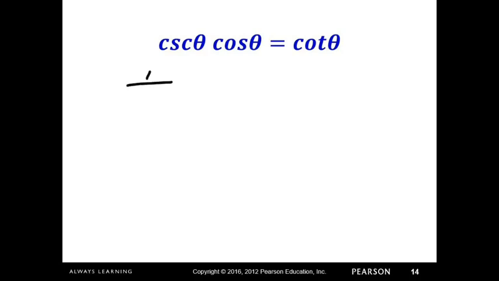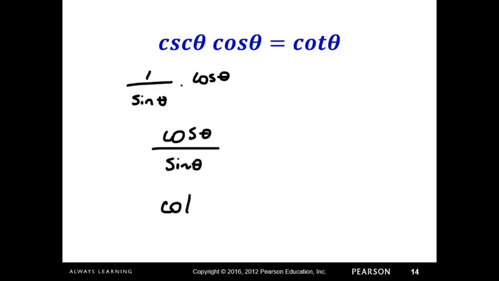Well, cosecant is 1 over sine theta times cosine theta, and that's going to equal cosine theta over sine theta, which is cotangent theta. And so now we've proven the identity because the left side equals the right side. That one was fairly straightforward. Those are the nice ones.